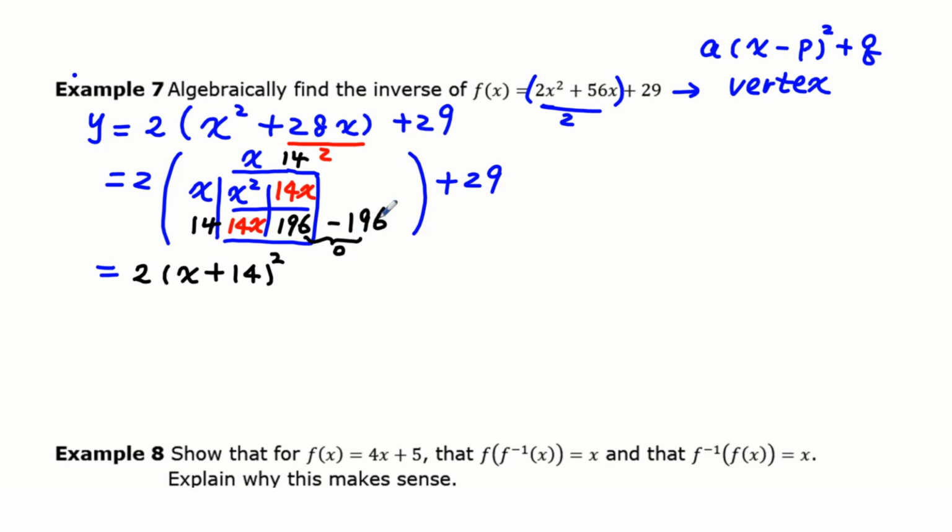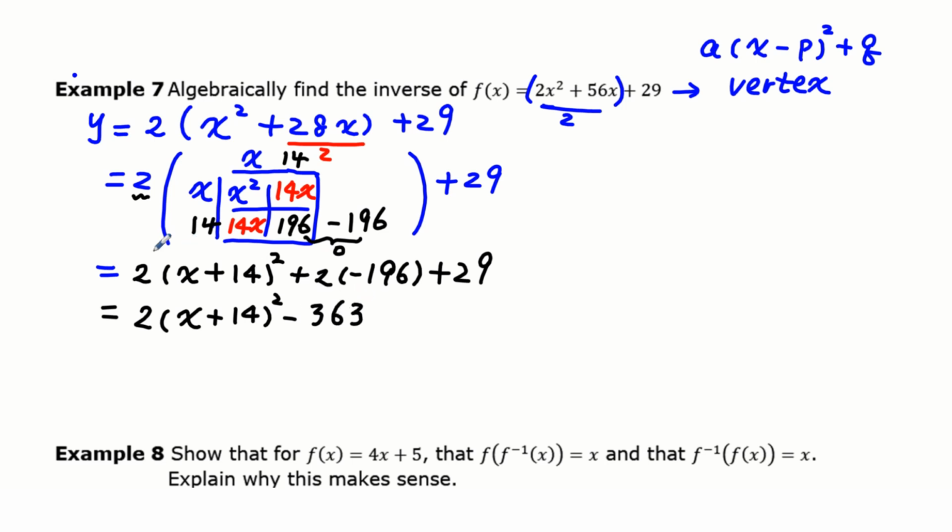So minus 196 didn't contribute to this perfect square, so we are going to take this one out. Be careful, you have a 2 at the front, so 2 needs to be multiplied with this negative 196, then plus 29. These two like terms will give you the q value.